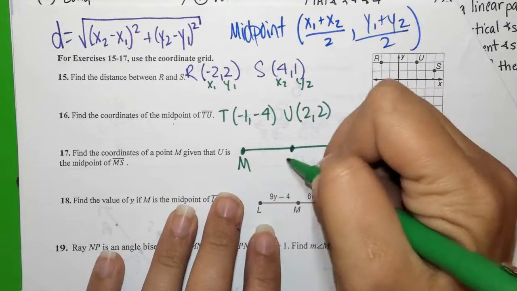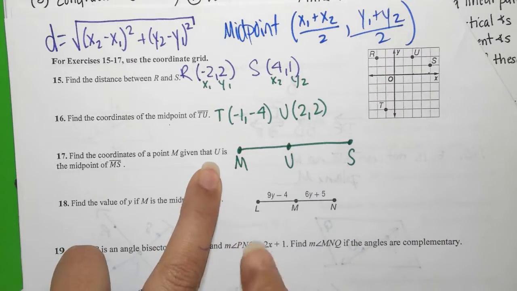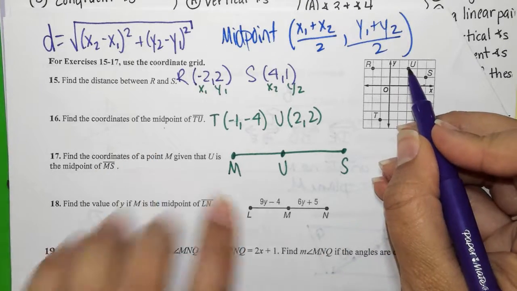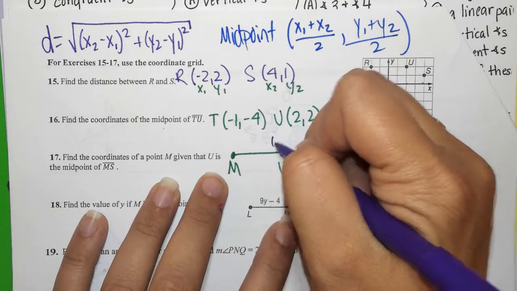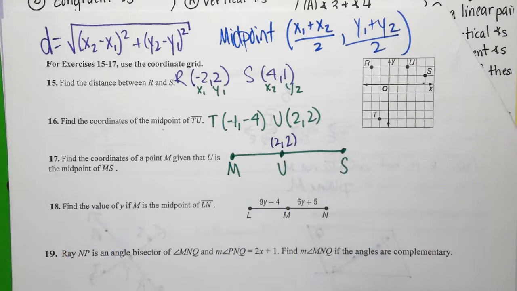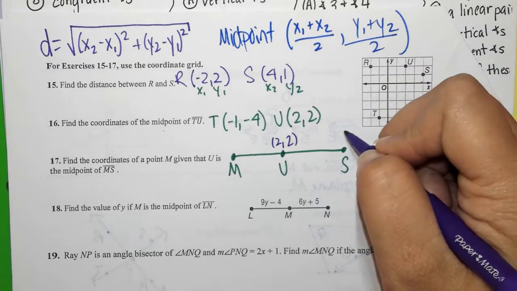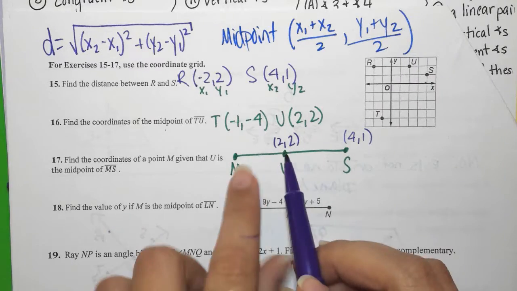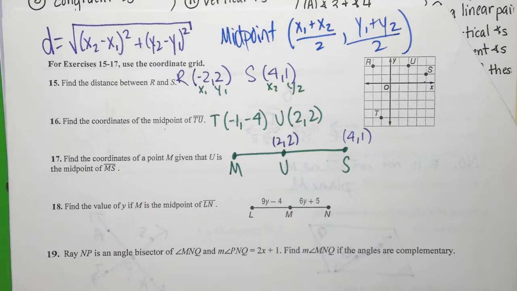Okay, so this is M, this is U, this is S. And it tells us that U is the midpoint, and it wants us to find M. What are the coordinates of U right here? 2, 2. What are the coordinates of S? 4, 1. Okay. So the distance from U to S has to be the same as the distance from U to M. Does everybody agree?